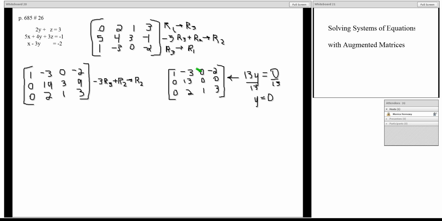So changing this back, reintroducing the letters, you have 13y equals 0. Okay, so solve for y. Divide by 13, and you get y equals 0. It is possible. It's an answer. Okay.